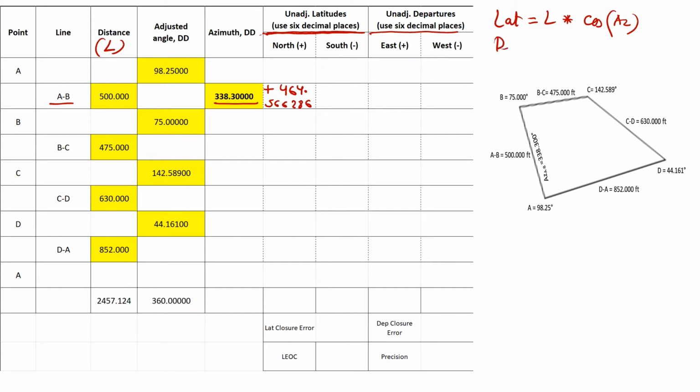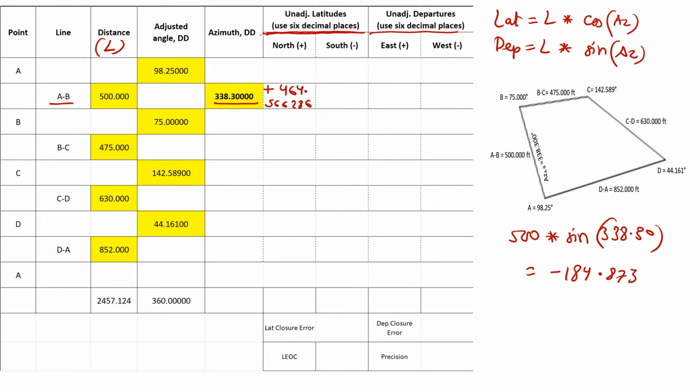So what is the departure of the line AB? The departure is given by length times the sine of the azimuth. So length is 500 times the sine of 338.30, and that gives you a negative value, negative 184.873379.